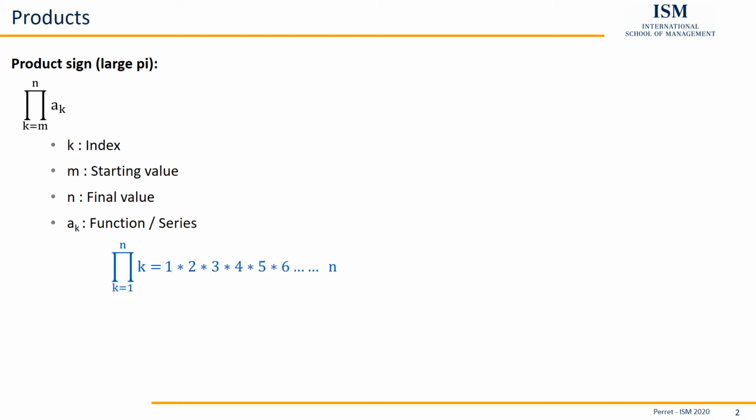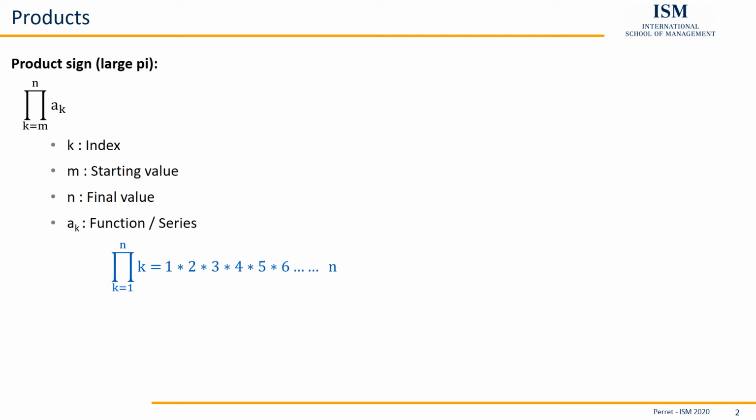Just to illustrate this, let's do two examples. If I take the product of the series k from 1 till n, this means I insert 1 into the function k, so I get 1, then multiplied with, then I insert the next highest integer, that's 2. So I get 2 multiplied with the next highest integer, 3.